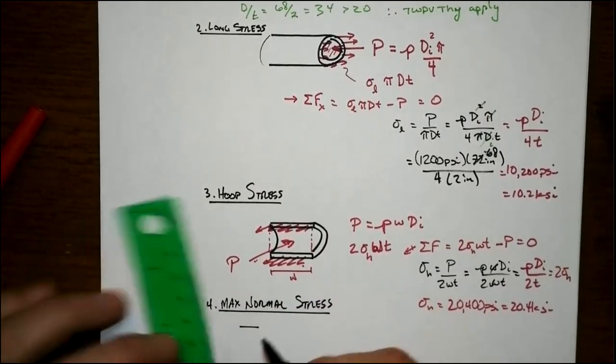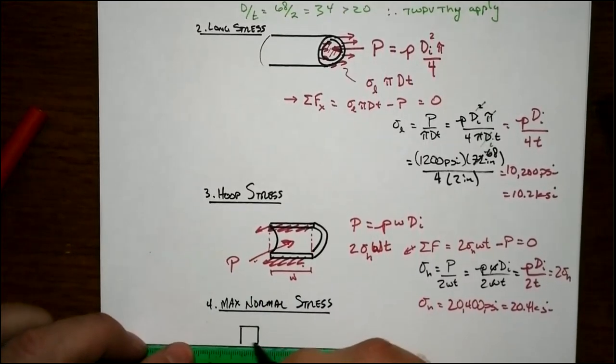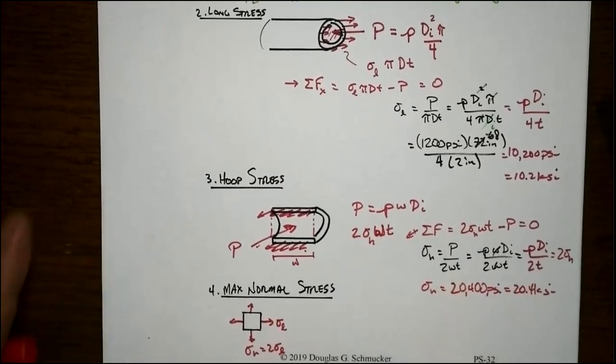Our stress block then is, we've got sigma h there, sigma long there, and sigma h is equal to 2 times sigma long, right?